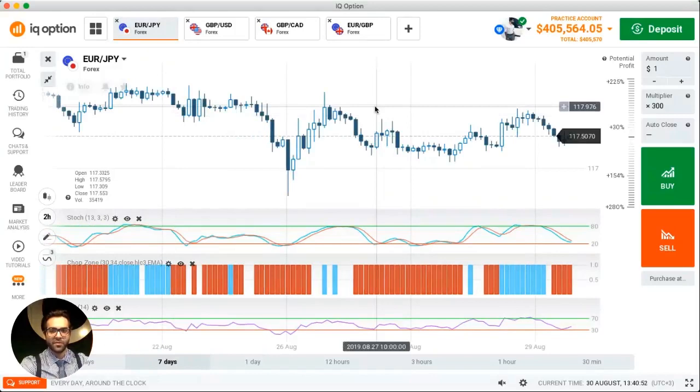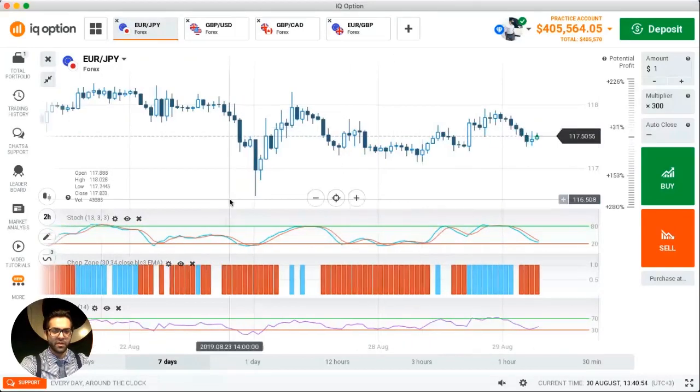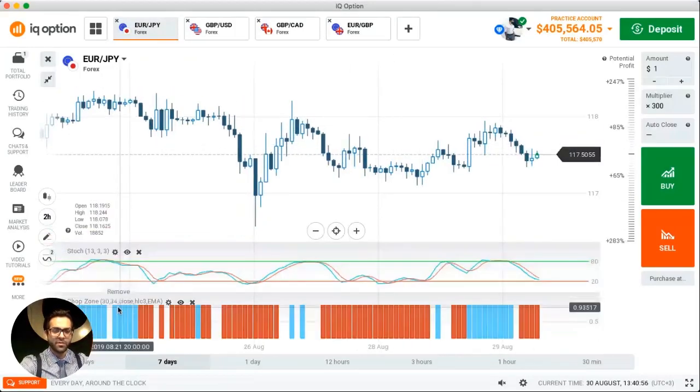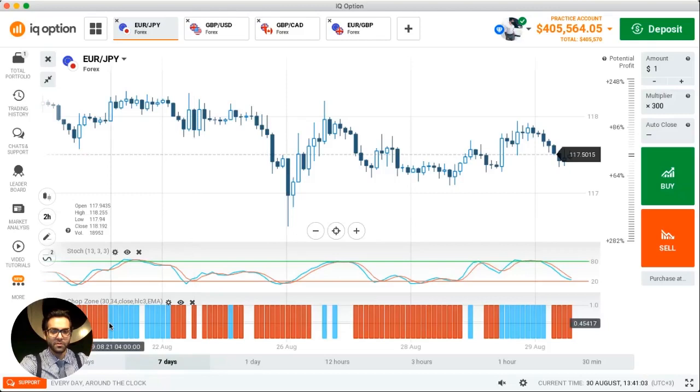From the start, we began with the stochastic and the chop zone. When the chop zone is light blue, we buy a trade. When the stochastic is overbought, we get out. As simple as that. Light blue, we buy; the stochastic goes overbought, you get a little crossover above the green area, you get out.